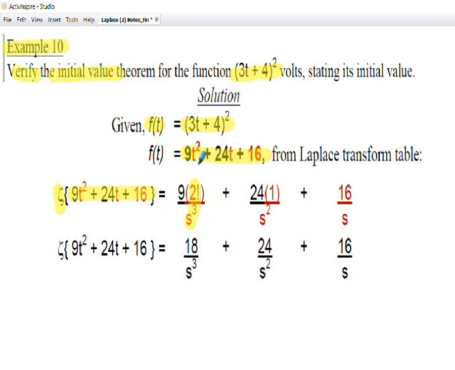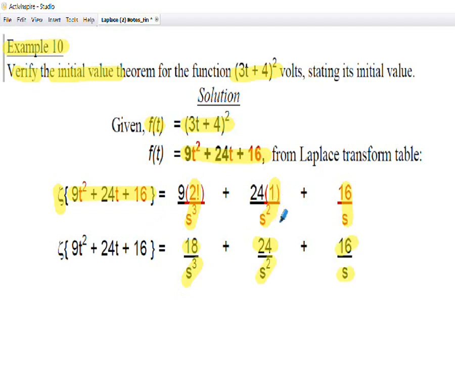If you look for your Laplace transform of t, it is 1 over s squared, and if you look for the Laplace transform of a constant, it is 16 upon s. Obviously in this case we're multiplying, in the first term, by 9, so 9 times factorial 2, and don't forget factorial 2 is 1 times 2, so 9 times 2 gives us 18 upon s cubed, 24 times 1 upon s squared, and then the 16 upon s.